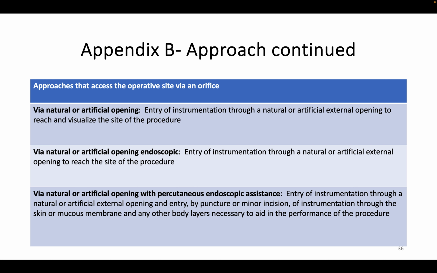And then last we have via natural or artificial opening with percutaneous endoscopic assistance. This is entry of instrumentation through a natural or artificial external opening and entry by puncture or minor incision of instrumentation through the skin or mucous membranes and any other body part layers necessary to aid in the performance of the procedure.